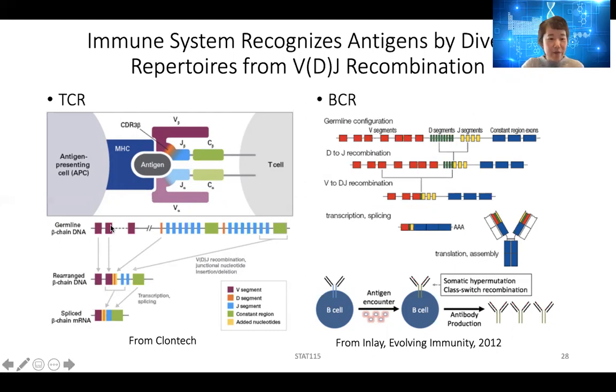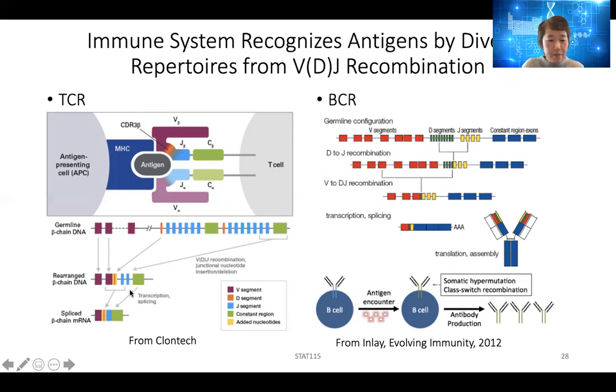So for example, if this V is selected, the V before it will not even get a chance to make a T cell receptor. Whereas if this J is selected, the next J will no longer be functional. And so every T cell has a different combination of VDJ, and that combination creates the diversity.